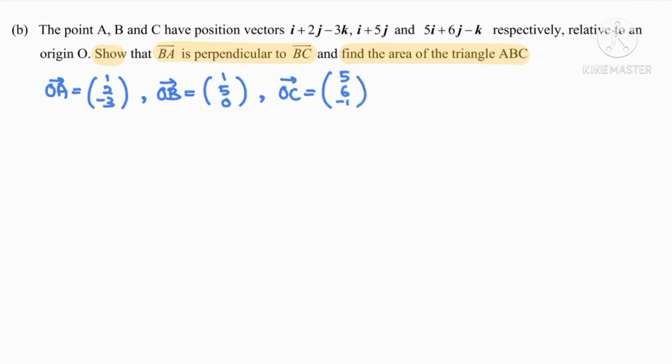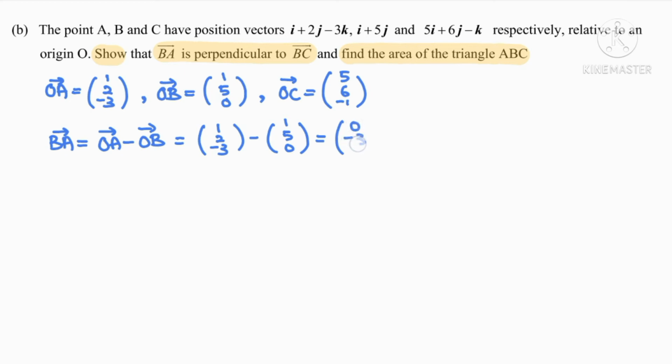Now, we need to find vector BA, which is equal to OA minus OB. So vector BA is 0, negative 3, negative 3, which is equal to negative 3j minus 3k.